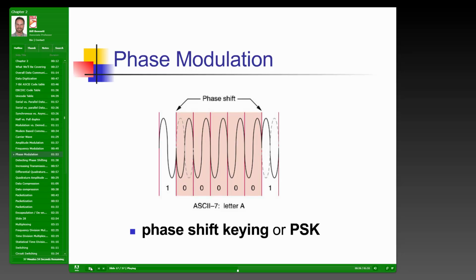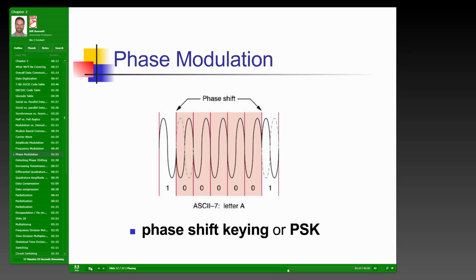It's 180 of what it used to be. So in this case here, the original sine wave was a 1. When there was a change to it, it was a 0. And as long as there's no change after that, then it continues to be a 0 until another change occurs, and then it's representing 1s at that point.